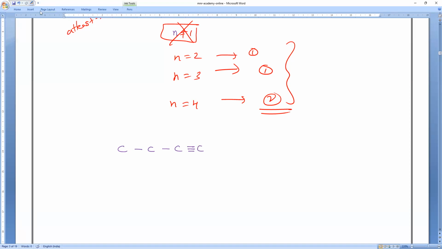So now make it fast. Balance the hydrogens. First carbon, number of hydrogens? Number of hydrogens, 3. Second carbon, 2 bonds are over, 2 hydrogens. Third carbon, will any hydrogen come? No hydrogen. Why?